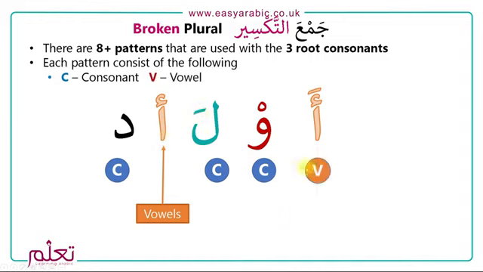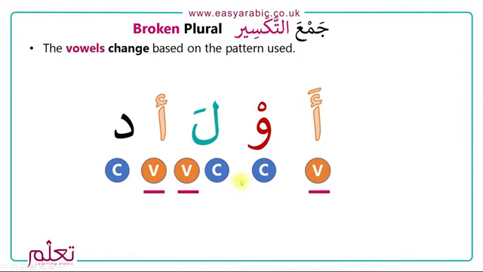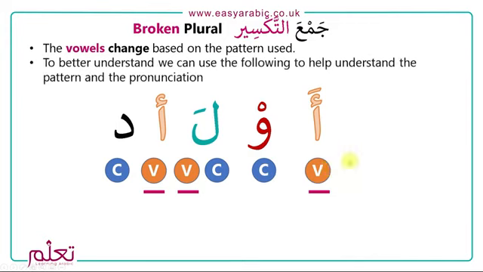So here that becomes a vowel, and then a short vowel, and then the long vowel. And the vowels change based on the pattern that is used. And to better understand, we can use the following to help understand how to pronounce the letters correctly. So here we're going to use this in the examples coming up.